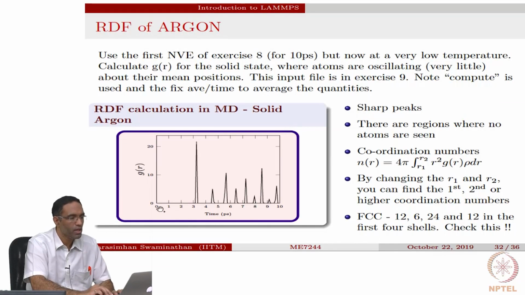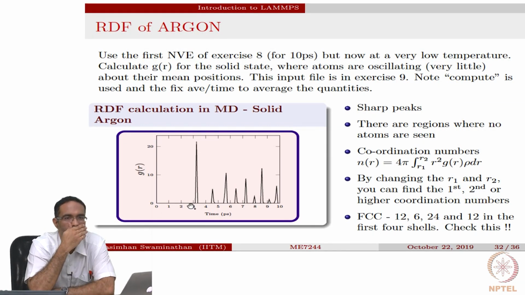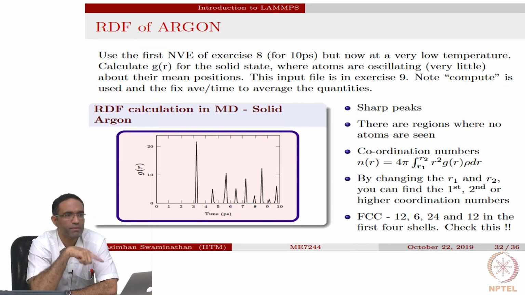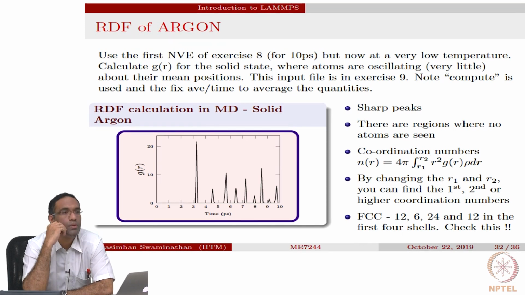So there is some lattice constant that we have used, I think we have used 4.58. What is the first neighbor in the FCC lattice? This is an FCC lattice also. The first neighbor is at A by root 2, right?